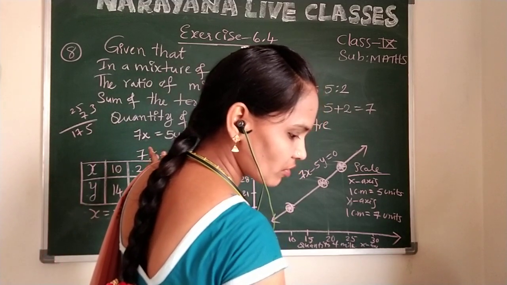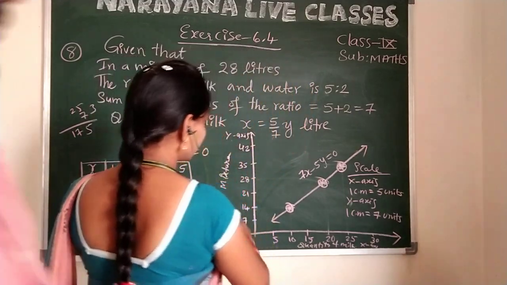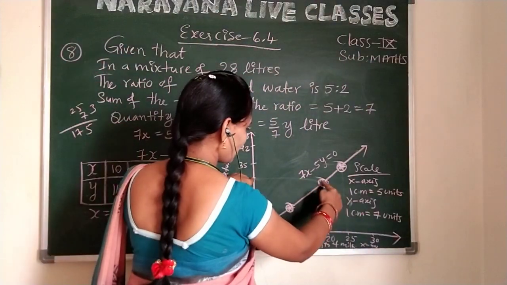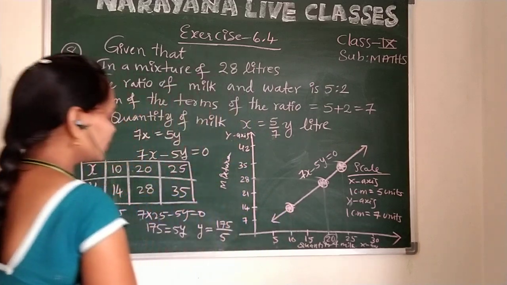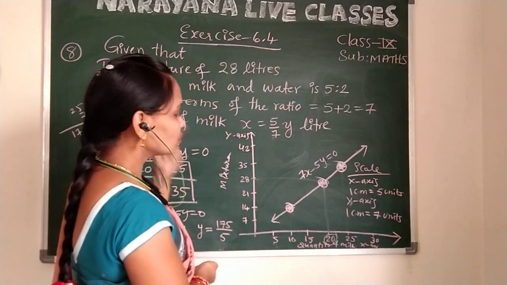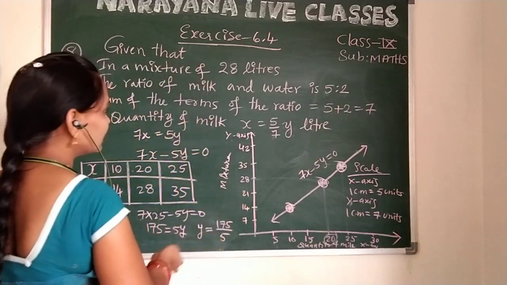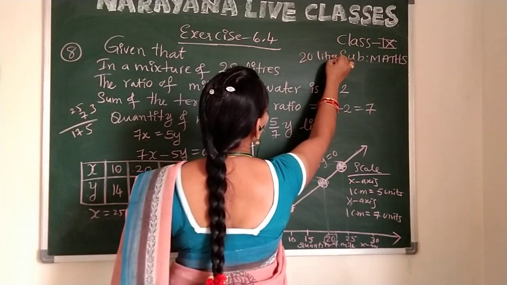By observing the graph, we need to find the quantity of milk in the mixture. Take the 28 liter mixture. In this 28 liter mixture, how much is the quantity of milk? 20 liters. The quantity of milk in 28 liters of mixture is 20 liters.